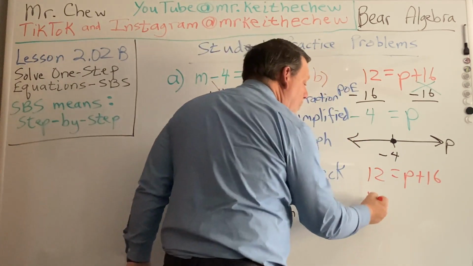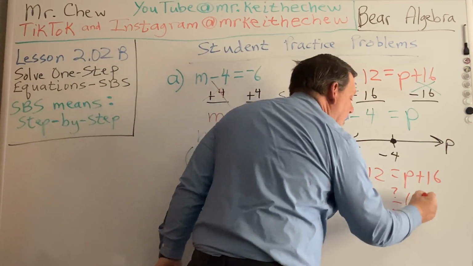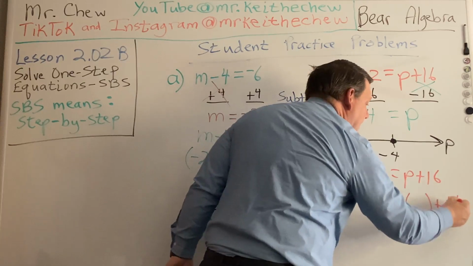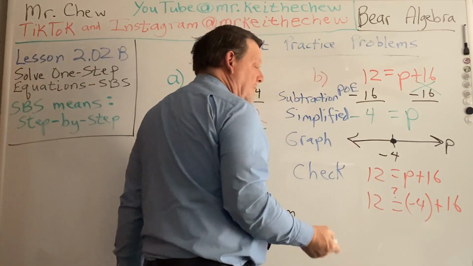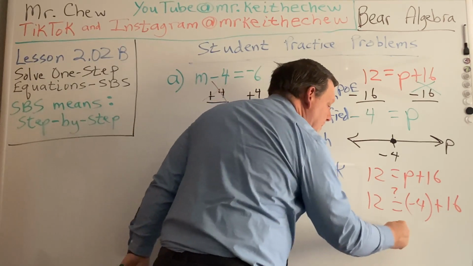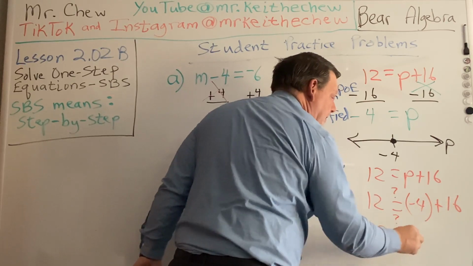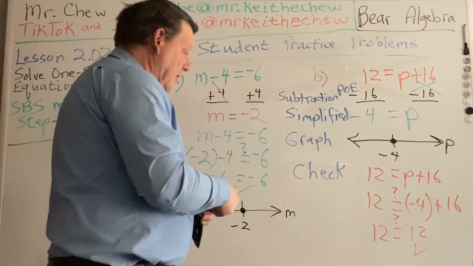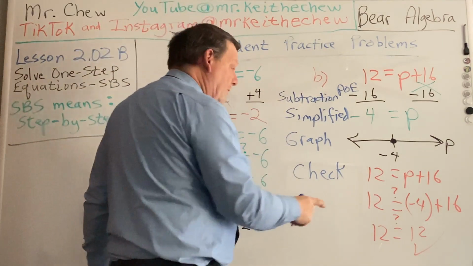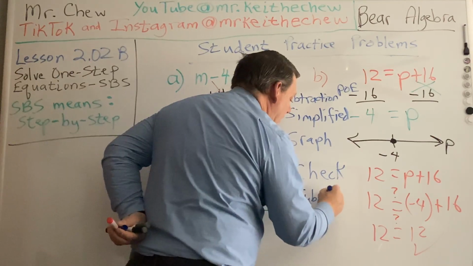And then wherever the P is, and with a question mark up above there, I put parentheses where the P is and substitute that value in. And then -4 plus 16 is 12. It checked. So when I write down all the steps over here, this is a substitution property of equality.